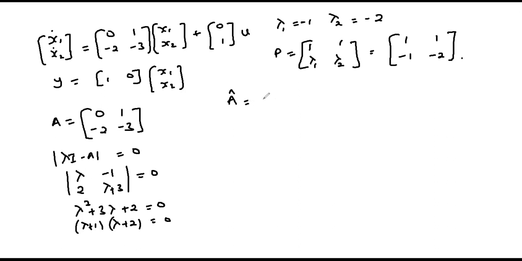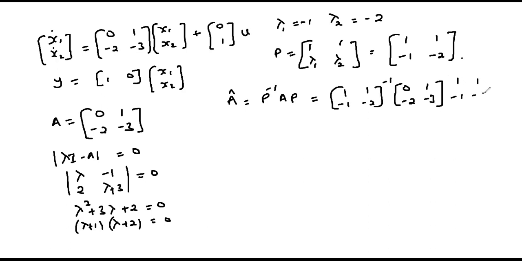To carry out the transformation from the given state space representation into diagonal canonical form, A hat will be given by P inverse AP, which will be 1, -1, 1, -2, inverse, multiplied by A, 0, 1, minus 2, minus 3, multiplied by 1, -1, 1, -2. And this will give us 1 over the determinant.